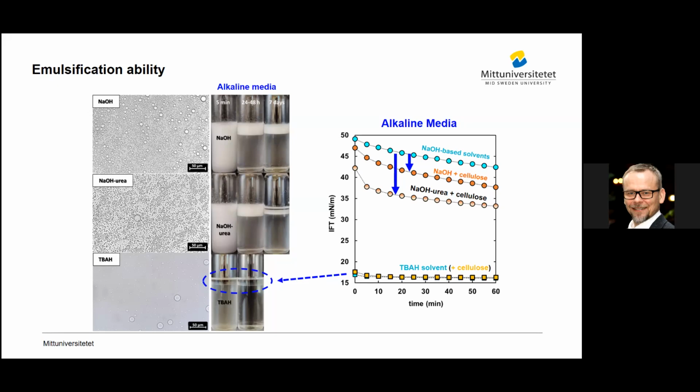In the TBAH, you immediately see macroscopic phase separation taking place. So you have an oil layer above the water layer here. That tells us that you really dissolve cellulose too much, so it cannot stay at the oil droplets when you use TBAH. It's too good a solvent for cellulose to go to the interface.